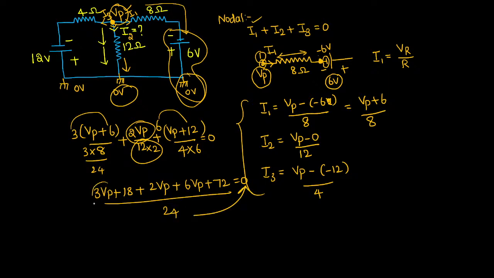Now you can add 3VP plus 2VP, it will become 5VP plus 6VP, it will become 11VP totally. Then here we have 18 plus here we have 72. If I add these two, I am getting plus 90 equal to 0. From this, the value of VP will become minus 90 upon 11 voltage.